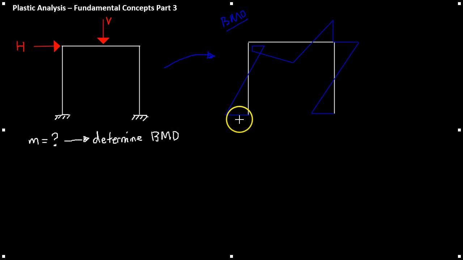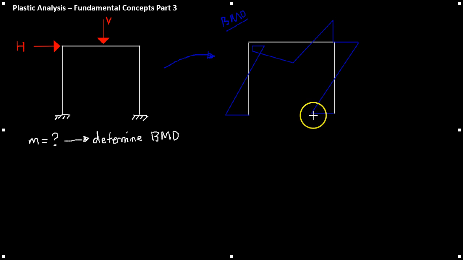Don't worry if you aren't familiar with the bending moment diagram for this structure. We'll be going over that when we look at problems for this topic. But just take it for now, if you don't know, that this is a plausible bending moment diagram for this portal frame.